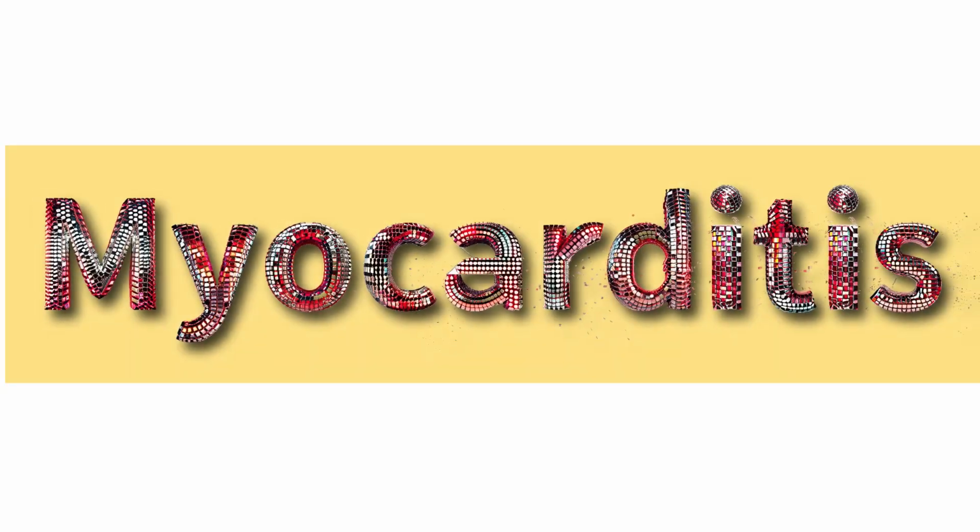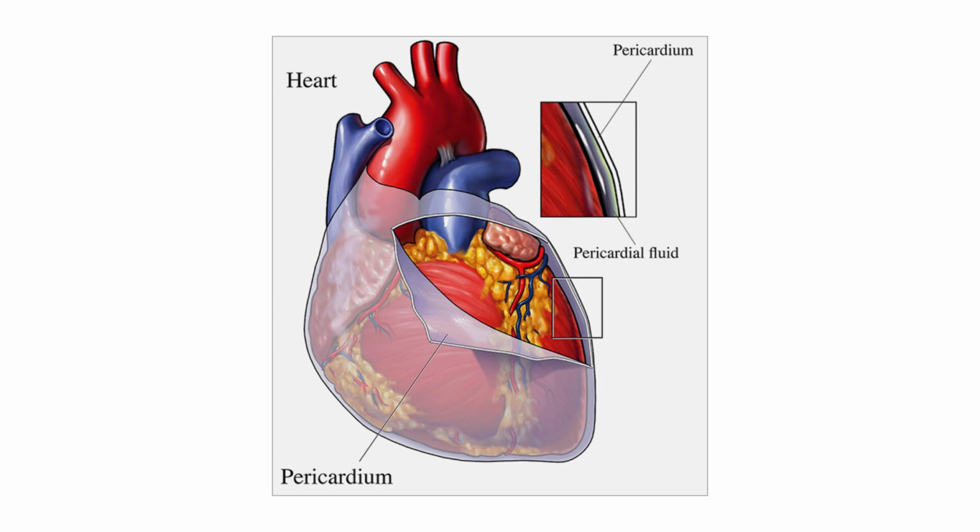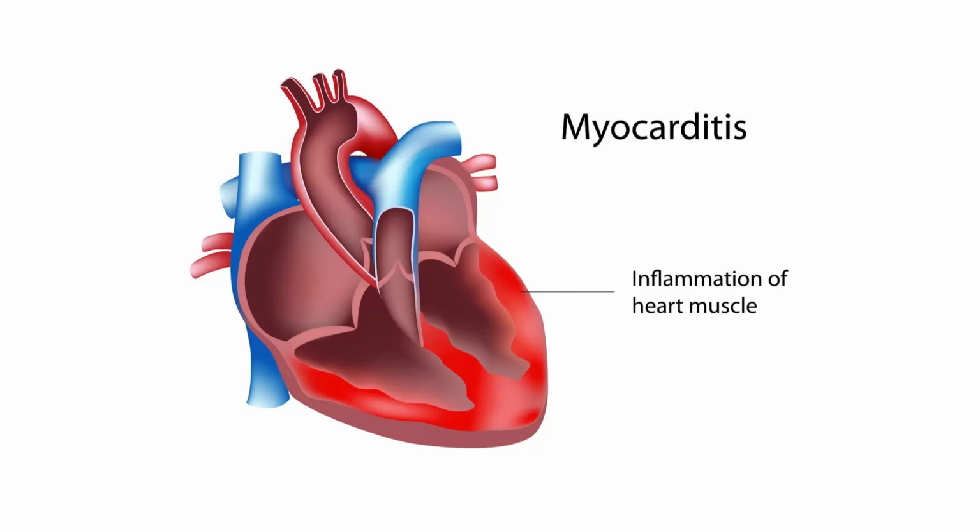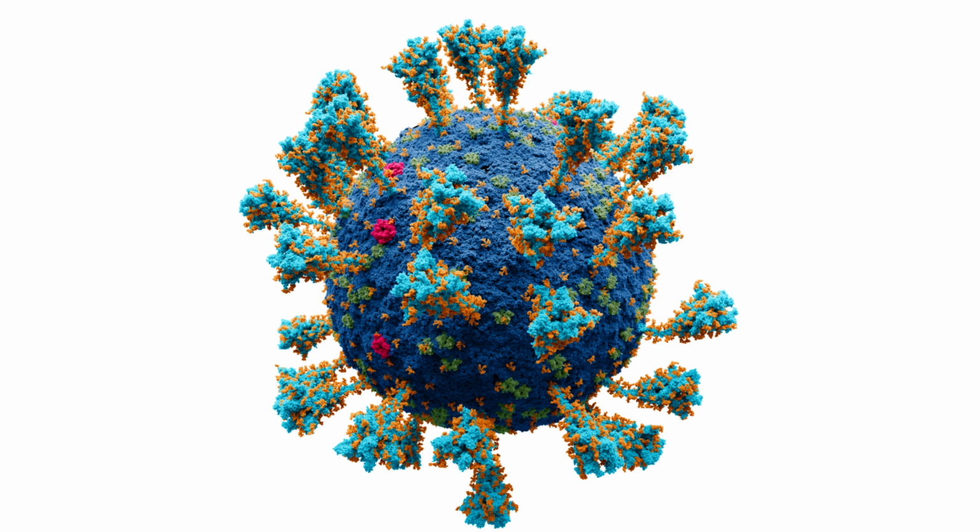Next, we have myocarditis. Where pericarditis is an inflammation of the membranous sac around the heart, myocarditis is an actual inflammation of the heart muscle. Like pericarditis, myocarditis is usually preceded by some type of viral infection.